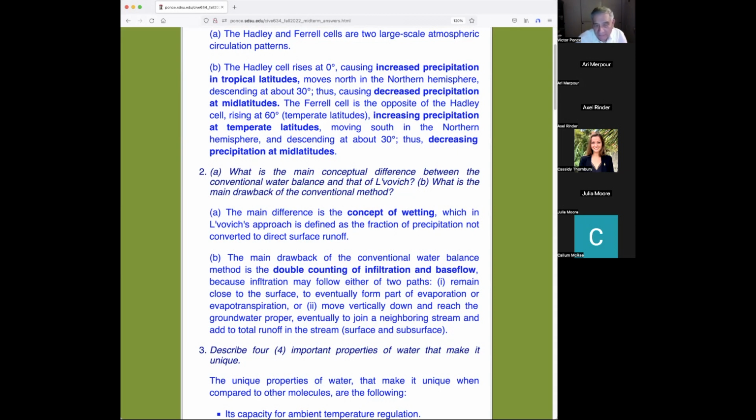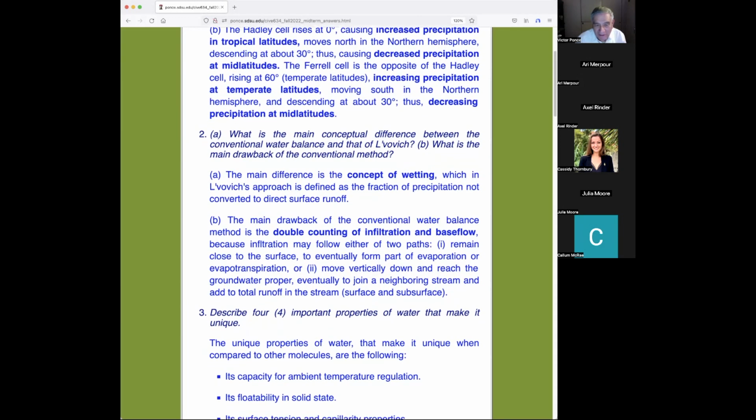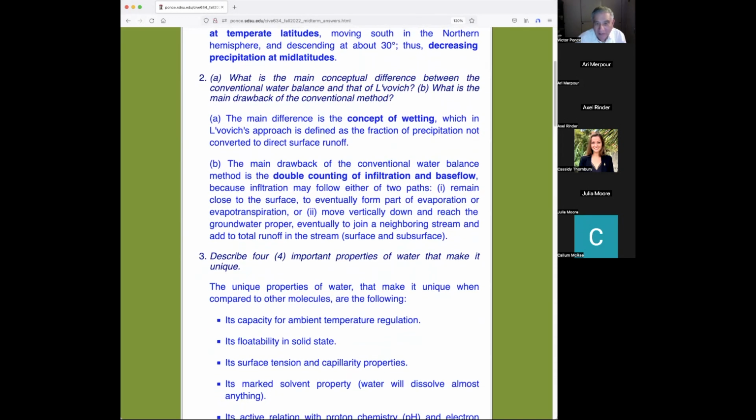And one of the comments of the reviewers was that hopefully this method is going to help us solve the problem of double counting. That's what he said, which is interesting. Double counting had been recognized, but we had not at the time come up with a methodology. So Leibovich helped. He's widely regarded around the world.